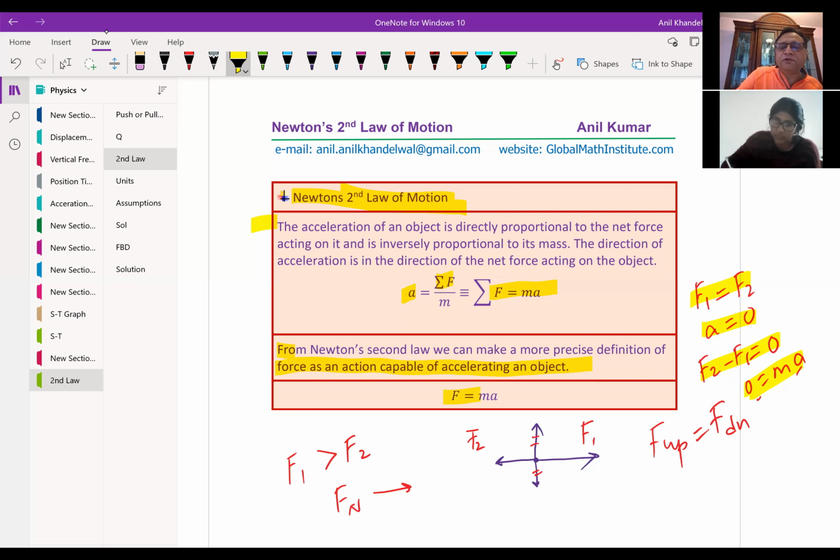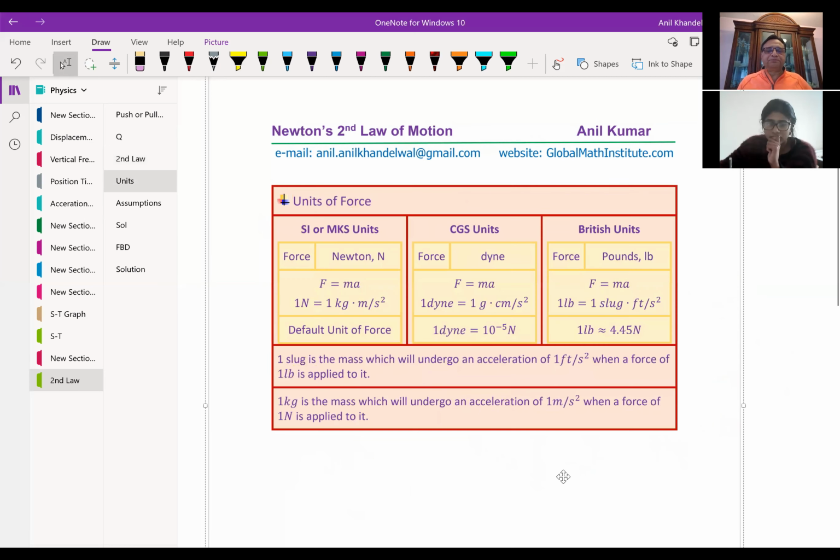So when we say F equals ma, we apply a constant force, mass is constant, acceleration will also be constant. So if a force of, let's say, 10 newtons is applied to an object and it moves, then it will move with a constant acceleration a.